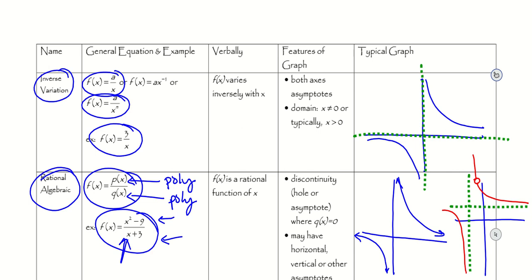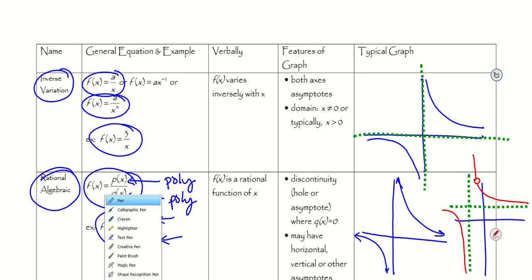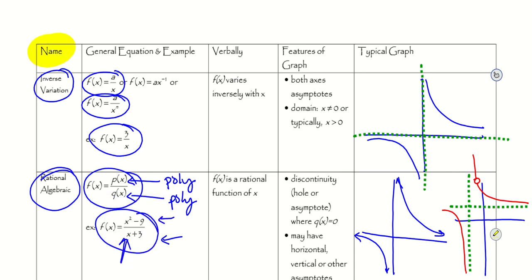So again, to summarize, you need to be very familiar with the names of these 8 functions. Be able to recognize an equation as its appropriate function using its name, and be able to recognize its graph.